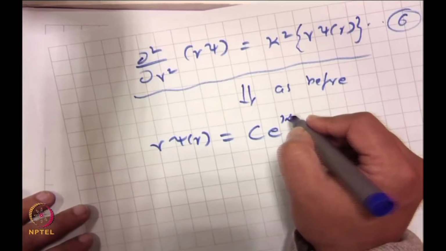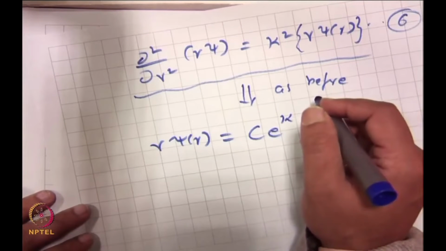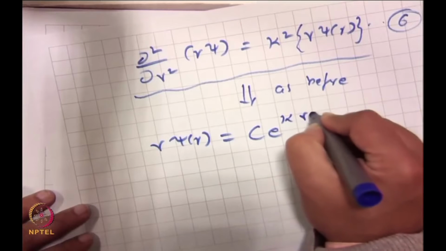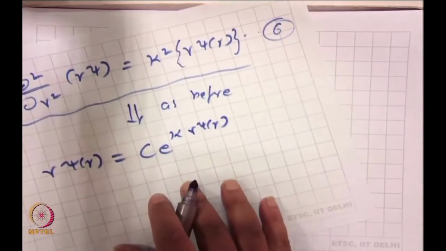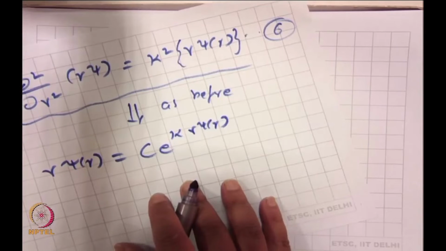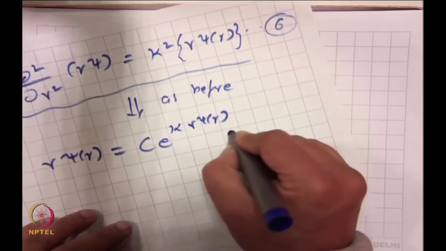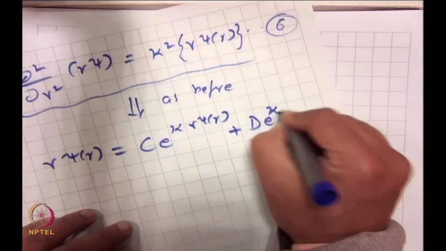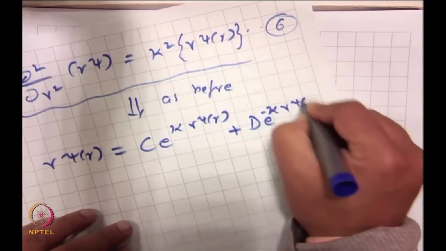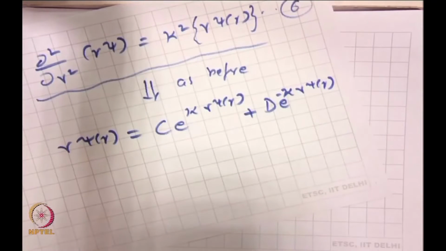Then what should I write? What is my x here? Okay, r. What else do we have? Plus D e to the power kappa with a minus sign r. Everyone okay with this? Good.